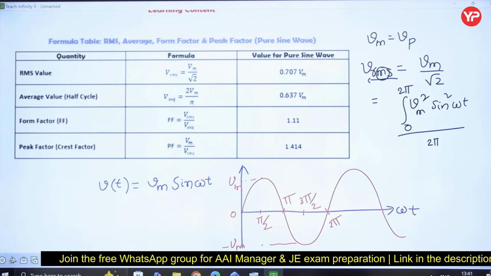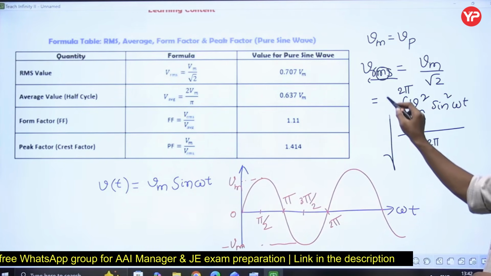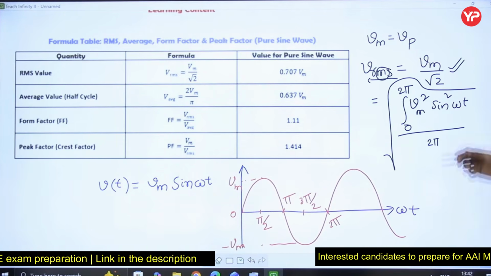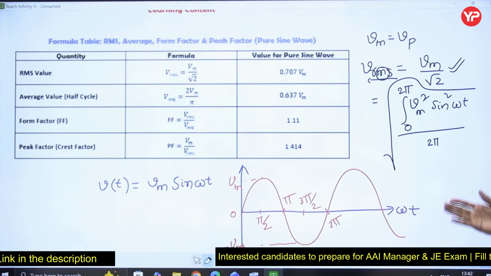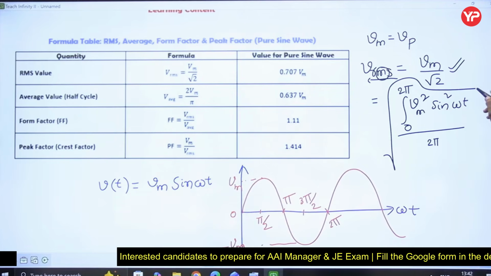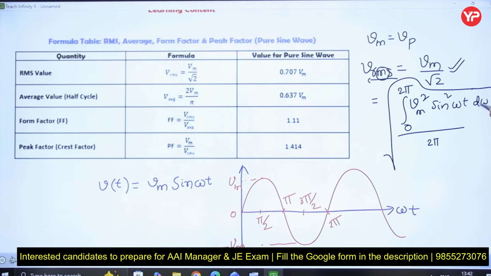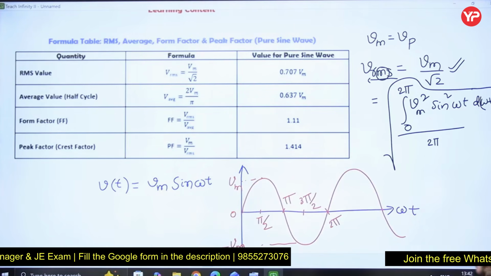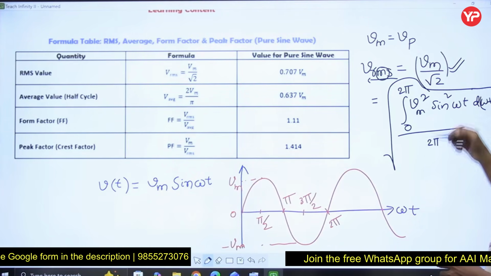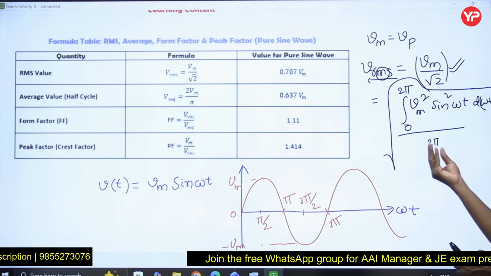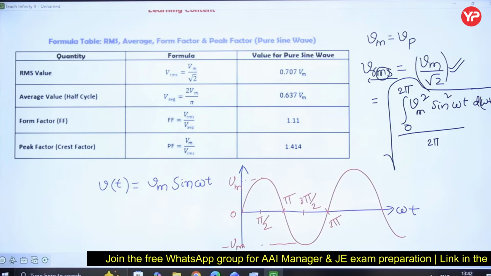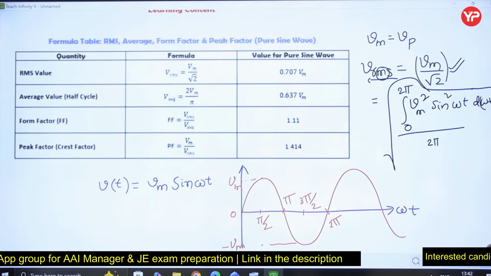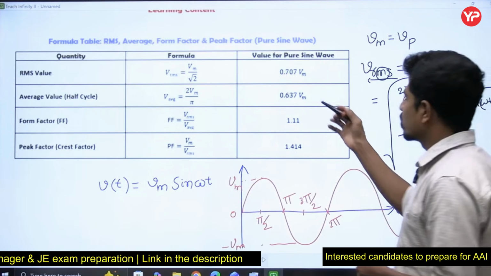Then you put the square root on the total. You're going to get this value. Root mean square: first you square it, with respect to d of omega t, then you mean it, then you root it. You're going to get Vm by root 2. See, if you're good at mathematics, simple mathematics, you'll get that. But our motto is not to waste our valuable time in doing this calculation, right? Yes or not? How much is that value?